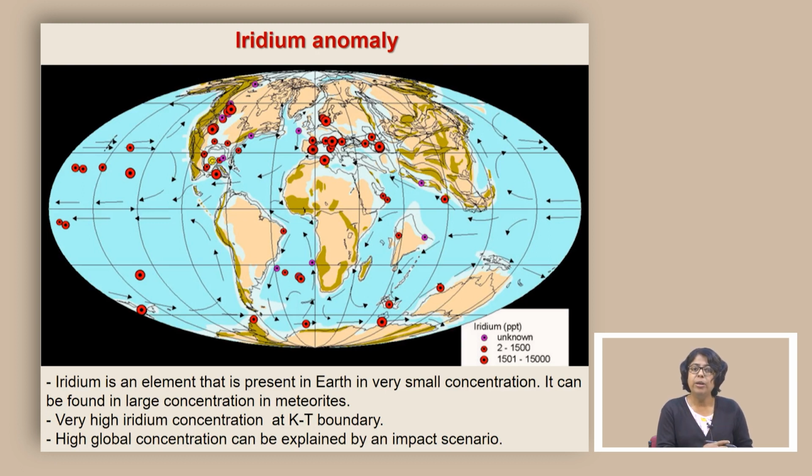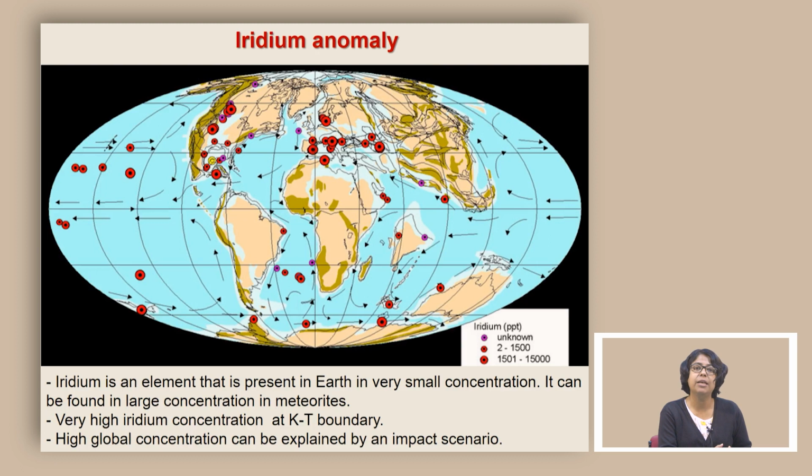So, Luis and Walter Alvarez proposed that the KPG boundary corresponds to this kind of situation. They proposed that an asteroid came to the Earth and hit the Earth's surface, thereby contributing a significant portion of iridium and adding it to the overall surface.